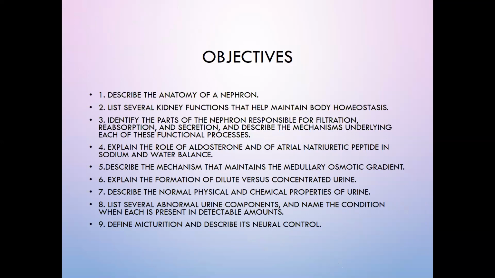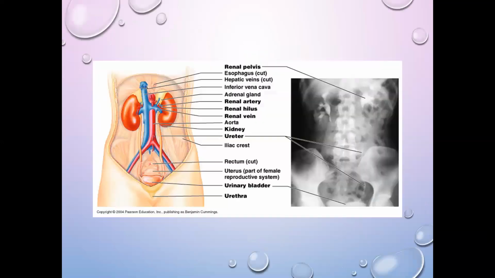We've done some of this stuff already when we did lab, like the anatomy, so I'm going to skip through a lot of it in the beginning. So here's where the kidneys are. We see that they're in the lumbar region, just below your rib cage, or your rib cage kind of covers them. The last two, the floating ribs, cover over your kidneys.